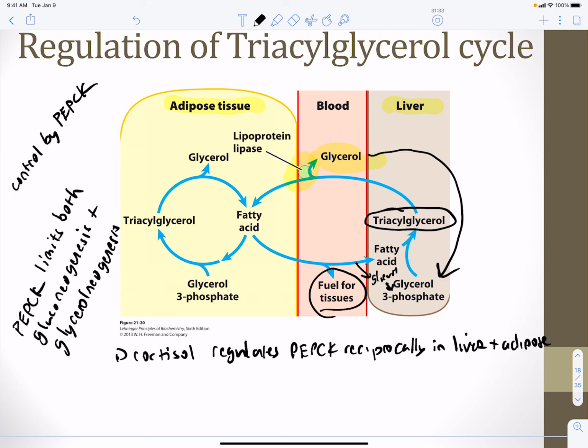So in the liver, you're going to increase both gluconeogenesis and glycerol neogenesis.